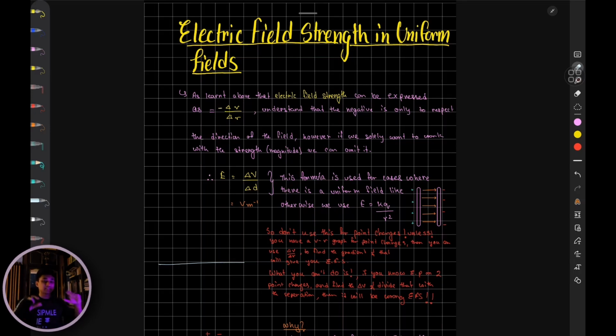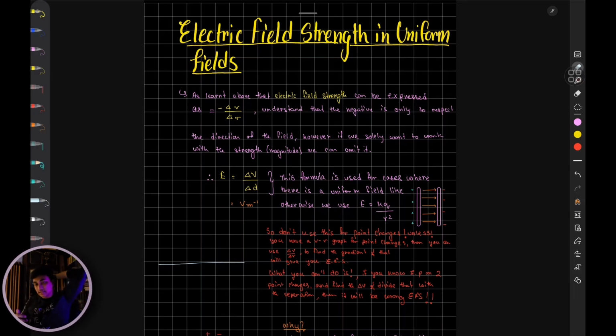You can use that formula because g is constant near the Earth's surface. And why is it constant? It was because the field lines were almost uniform. The variance is so negligible that you don't consider it, right? In comparison to Earth's size.